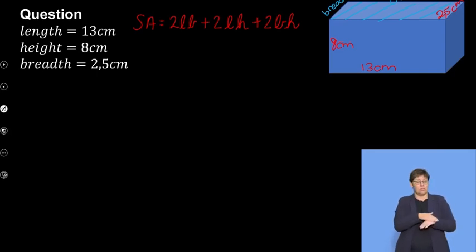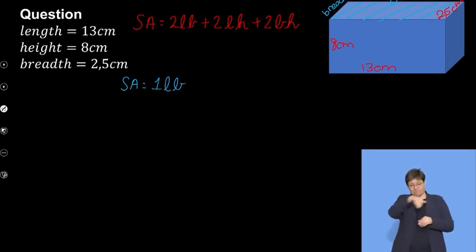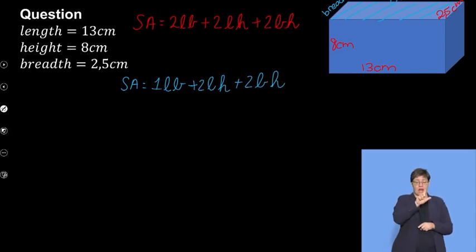So the surface area of this particular rectangular prism is equal to 1 times length times breadth, the reason is the top rectangle is not included, plus 2 times length times height plus 2 times breadth times height. Cool.